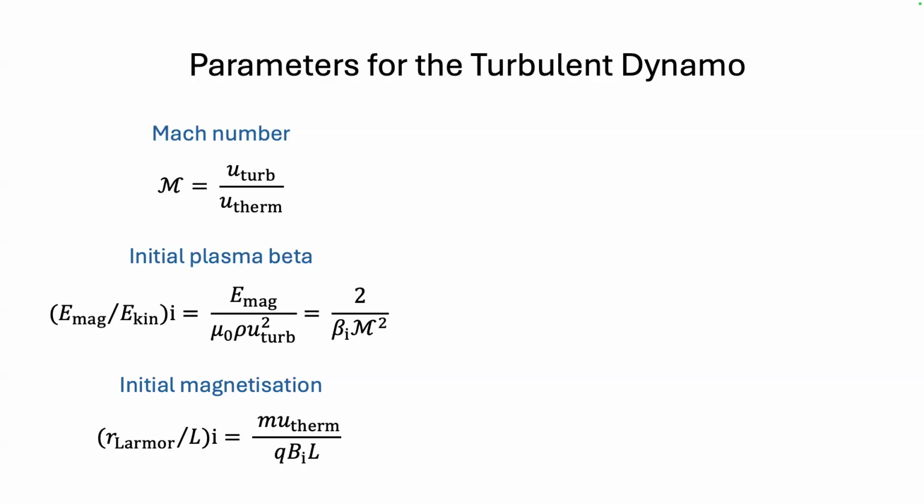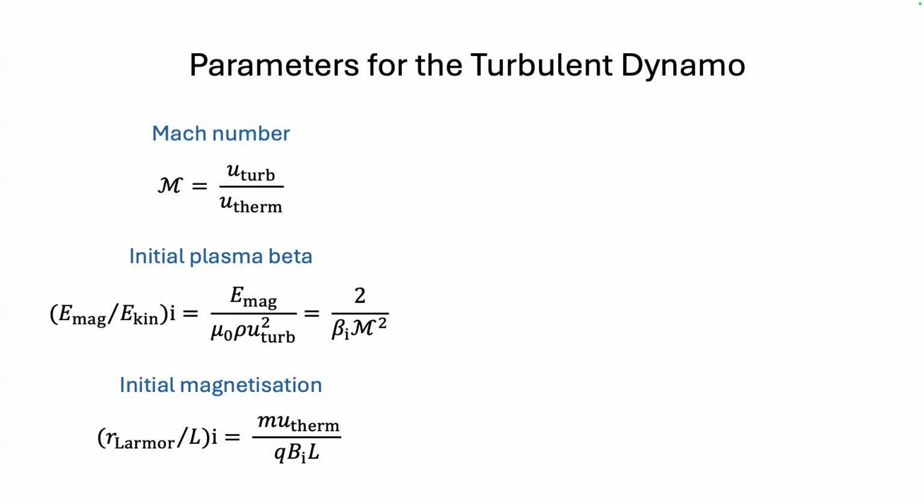That's just the ratio of the turbulence speeds to the thermal speed of the plasma. The second one is the initial plasma beta. The dynamo doesn't care about this parameter so much, but it's an important physical parameter because plasma beta tells you the relative strength of the magnetic and thermal components of the plasma.